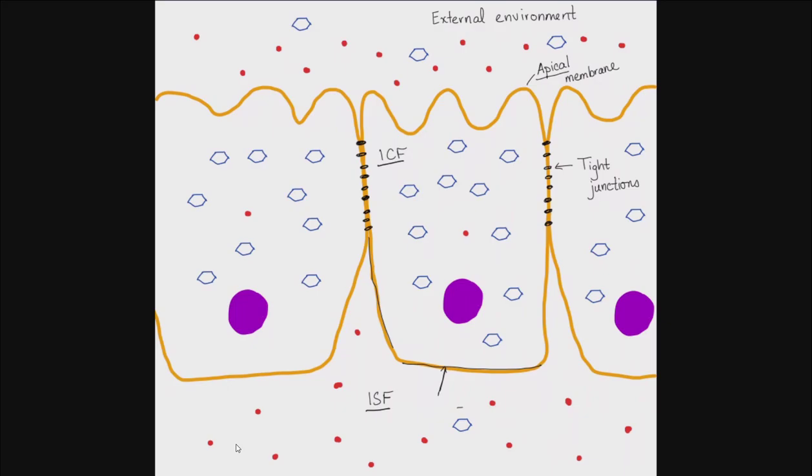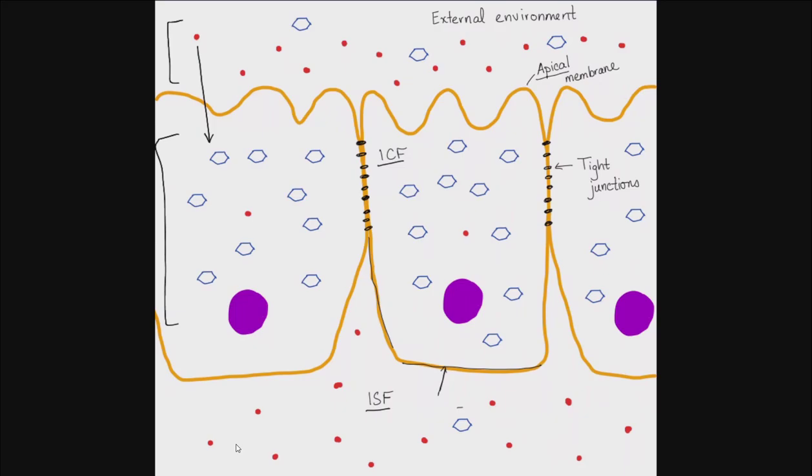So from here to here across the apical membrane, do you think that's active or passive? That's going to be passive because I'm going from a higher concentrated area to a lower concentrated area. Notice that there's almost no sodium inside the cell, but there's quite a bit of it in the external environment.